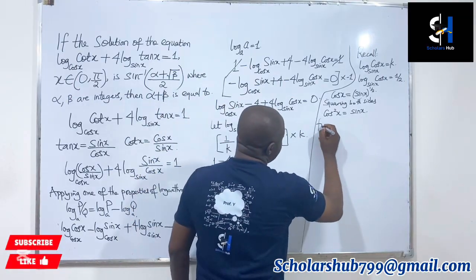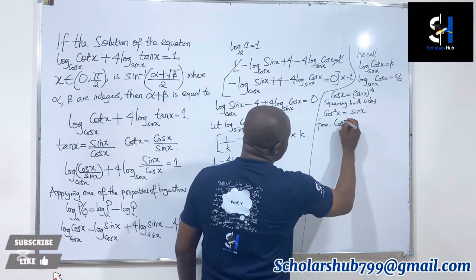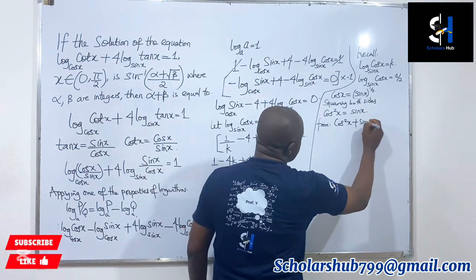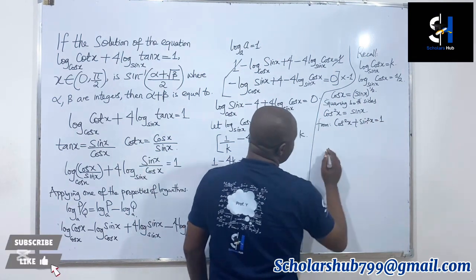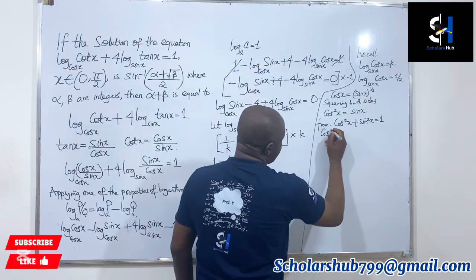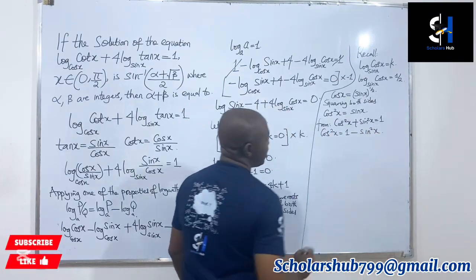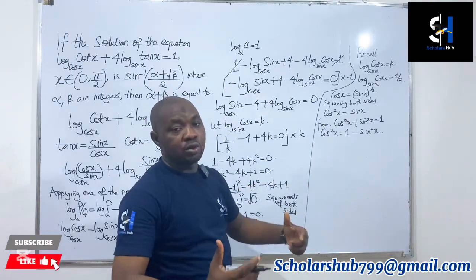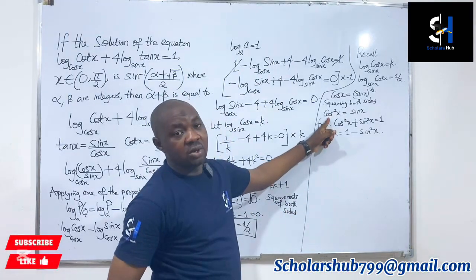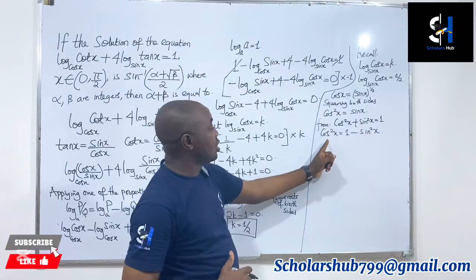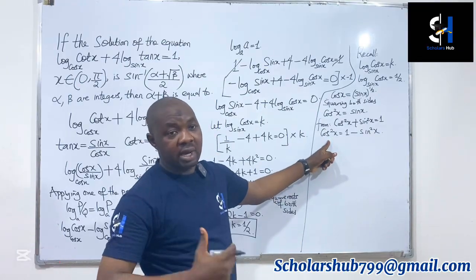Now, we know that from cos squared x plus sine squared x equals 1, we can write cos squared x equals 1 minus sine squared x. Because we want to express cos squared x in terms of sine x, we use this Pythagorean identity.